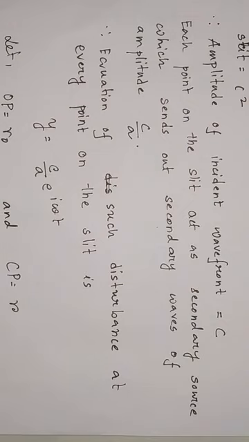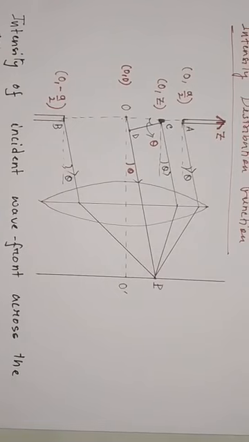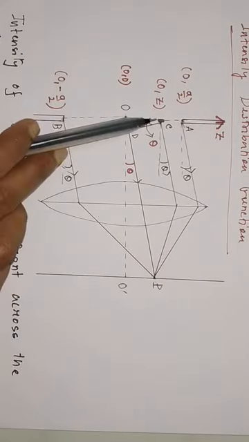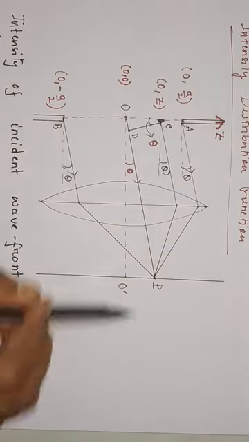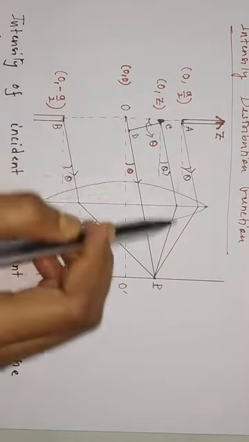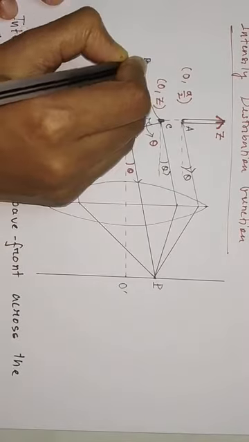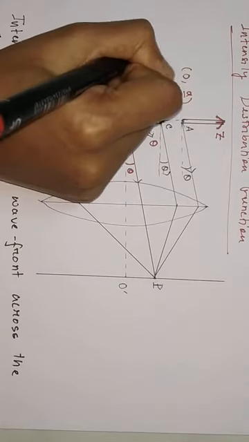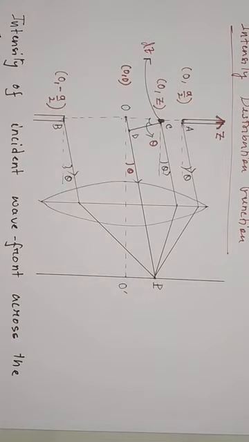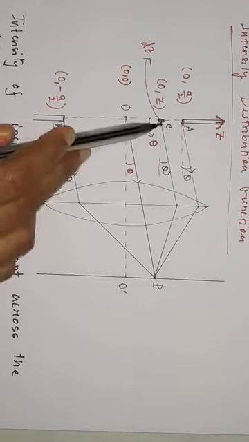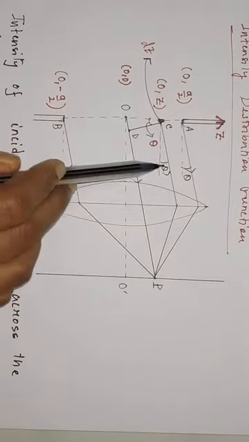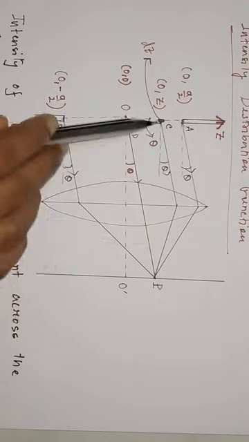Now suppose OP is equal to R0, and CP is equal to R. So what is C? Over here we have taken a very small elementary length on this slit, which is dz, the elementary length at C. If we don't consider this deviation, because theta is very small, CP is almost like a straight line.